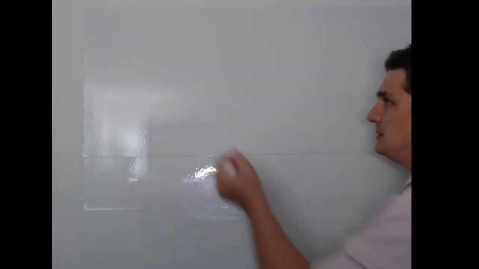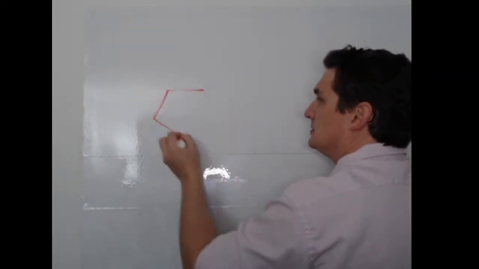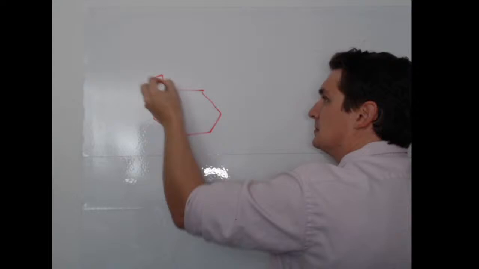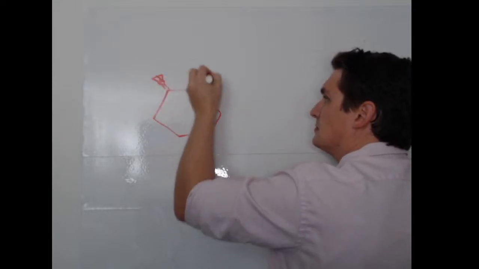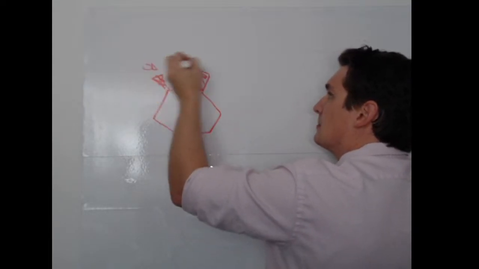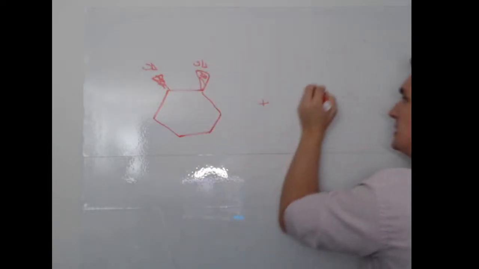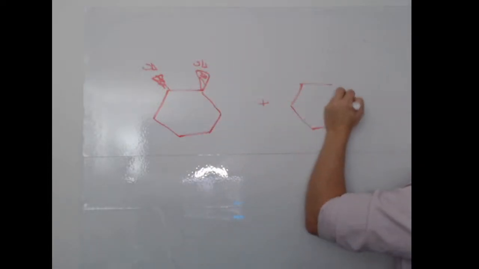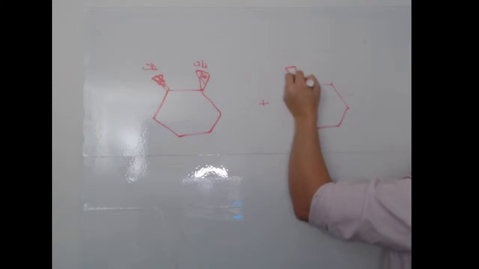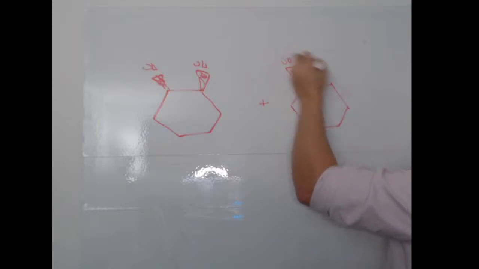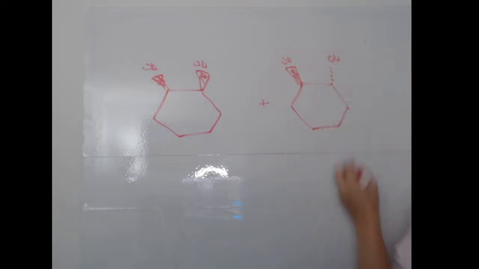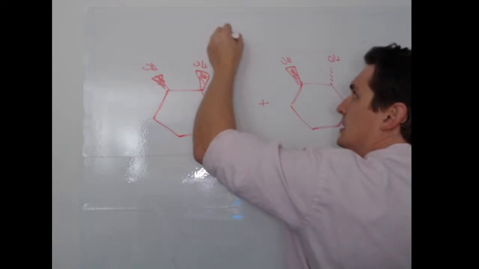So I got a question about an example of forming an epoxide from a ring. So let's say we have cis versus trans 1,2-cyclohexanediol. And we add hydroxide to this.